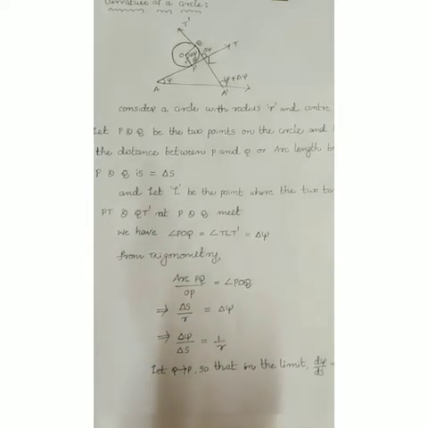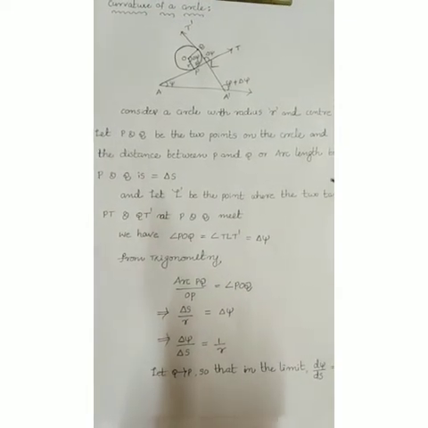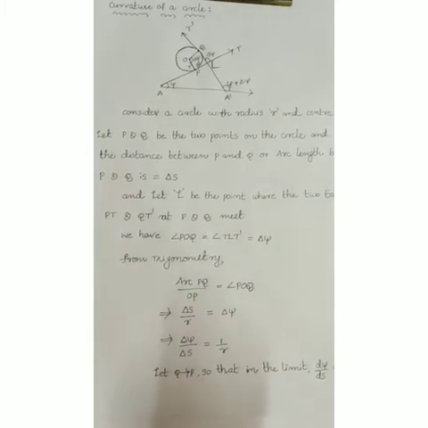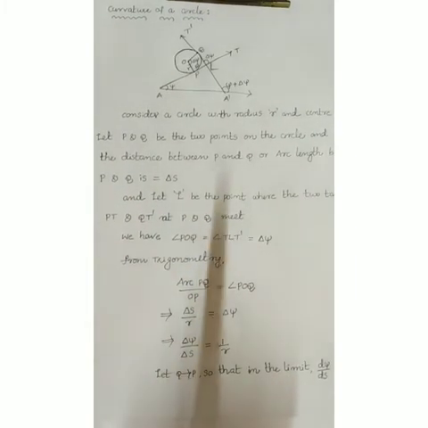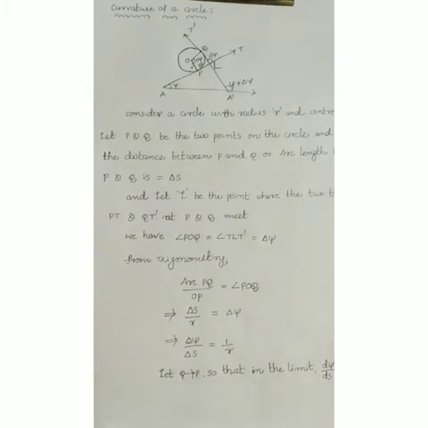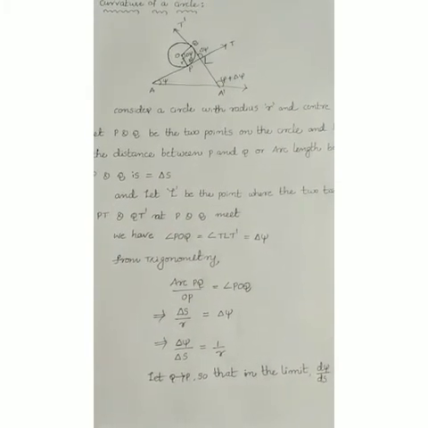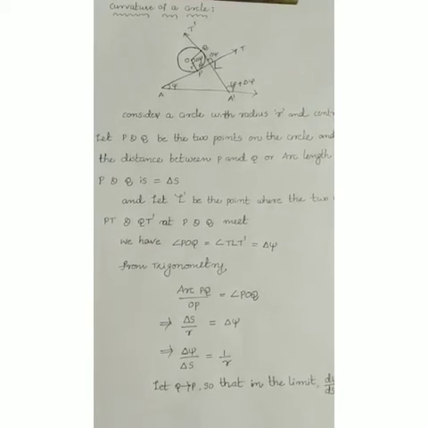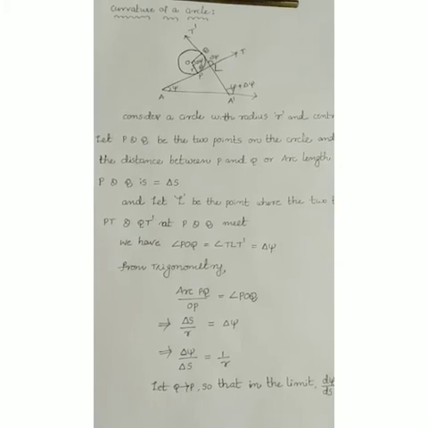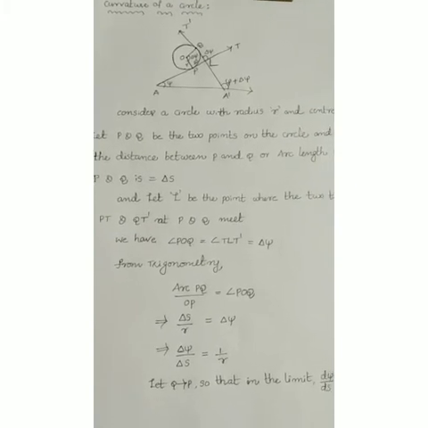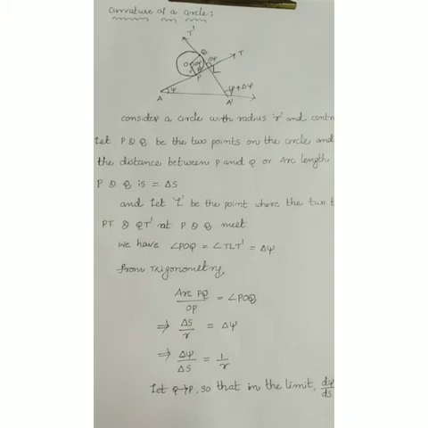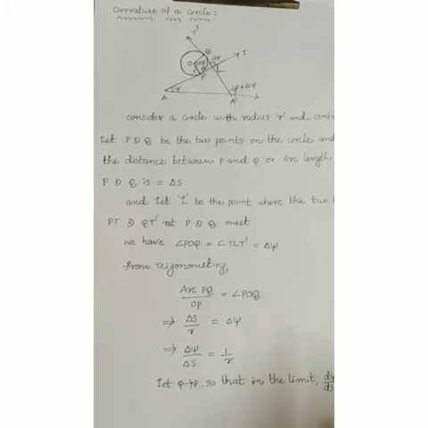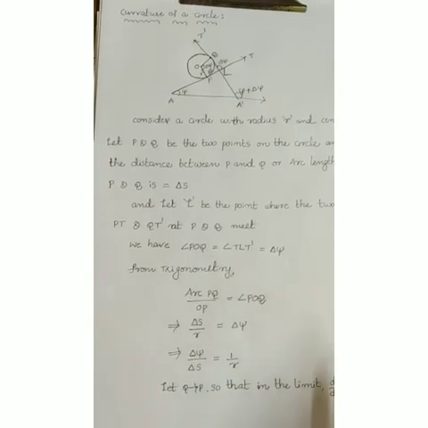So here the radius of the circle is R, and 1 by R means the reciprocal of the radius of the circle. Thus the curvature at any point of a circle is the reciprocal of the radius of the circle, and thus it is a constant. In a circle the radius has a constant value, and it is also clear that the curvature 1 by R decreases as the radius increases.